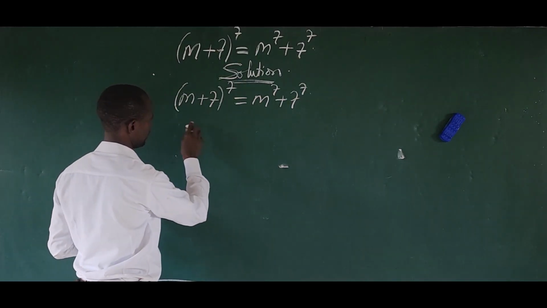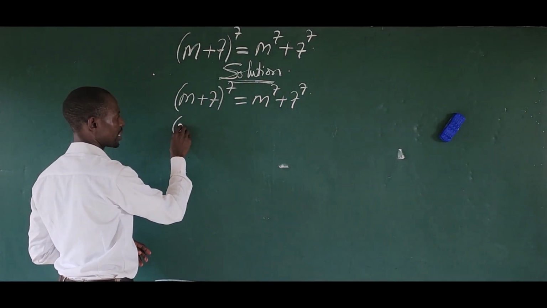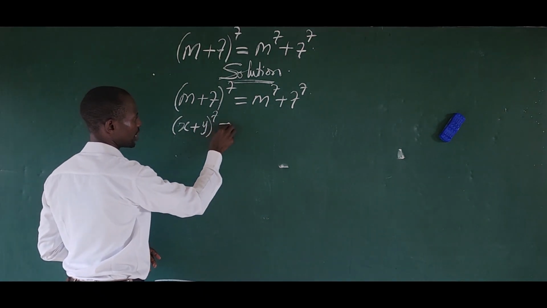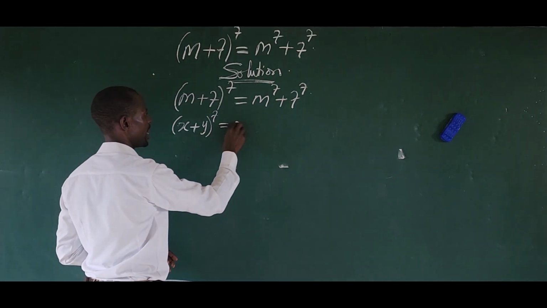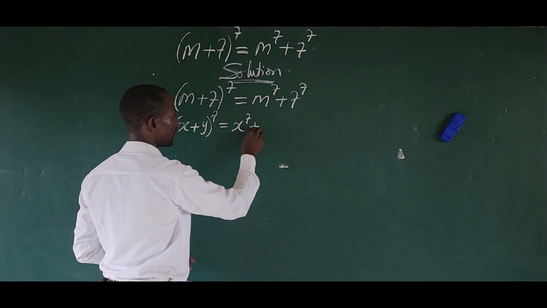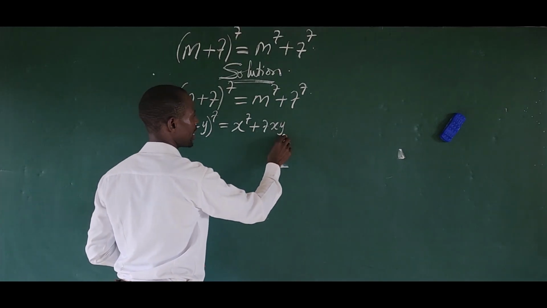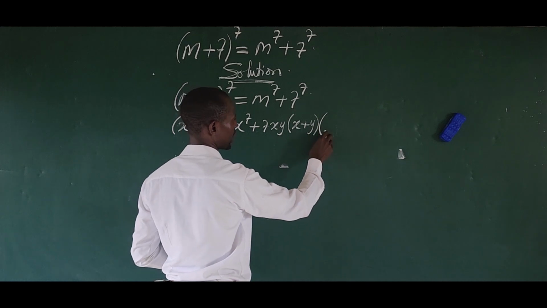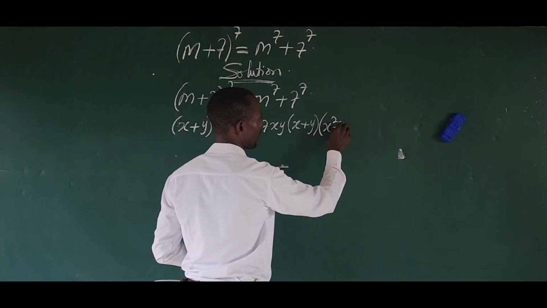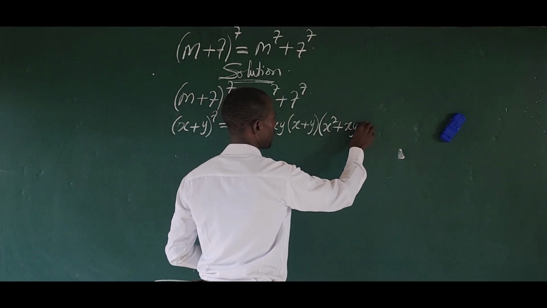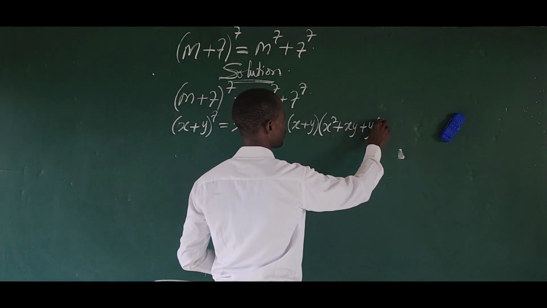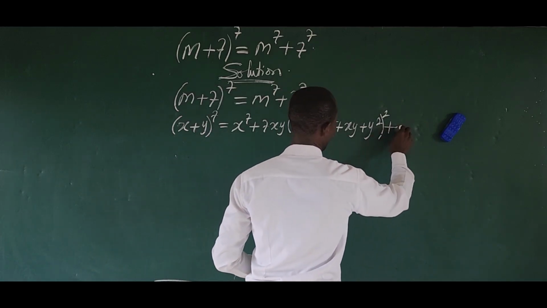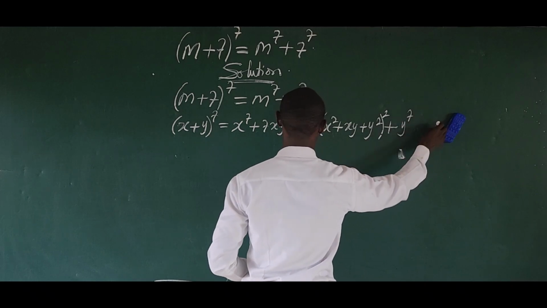If we take x plus y all raised to the power of 7, this is equal to x to the power of 7, plus 7xy times (x plus y), times (x squared plus xy plus y squared) all squared, plus y to the power of 7.